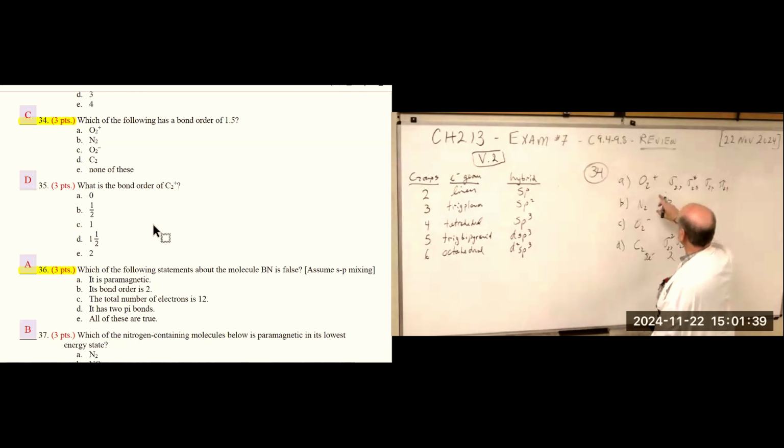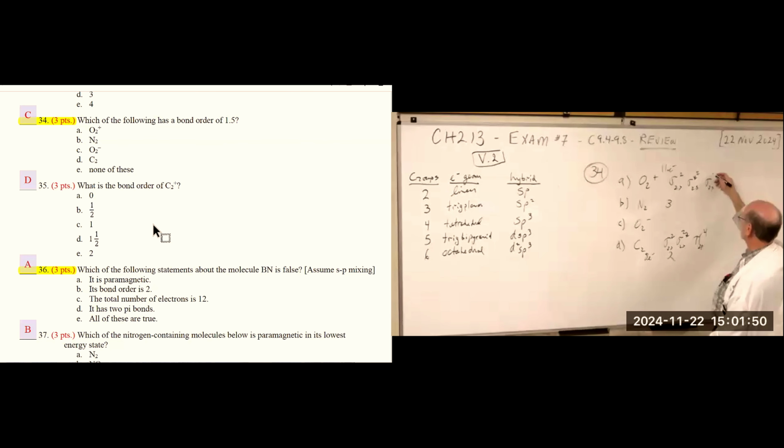We'll add more if we need them. So this has 2 times 6 is 12 minus 1 for that positive, which is 11 electrons. So 2, 4, 6, and then 5. So we have 4 here, and then we have a pi star 2p with 1. So we have 2, 4, 8. 8 minus 3 divided by 2. So that's 5, that's 2.5.